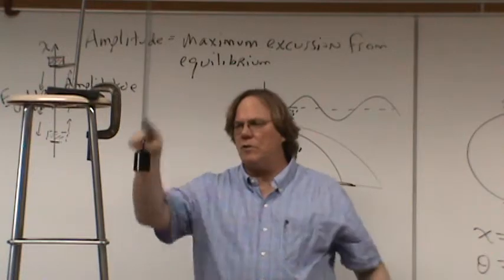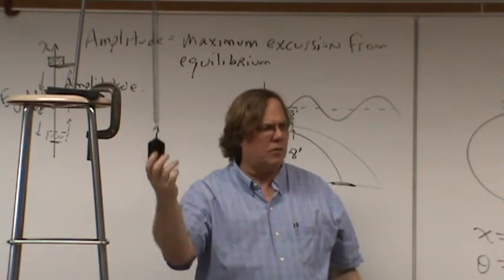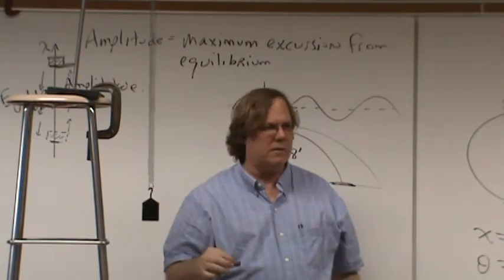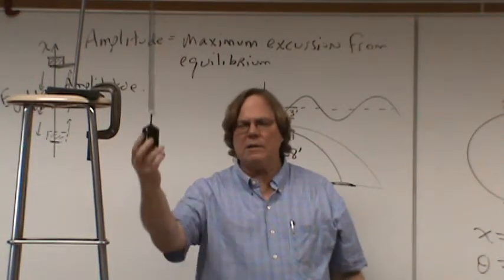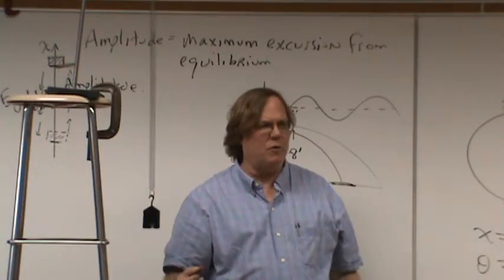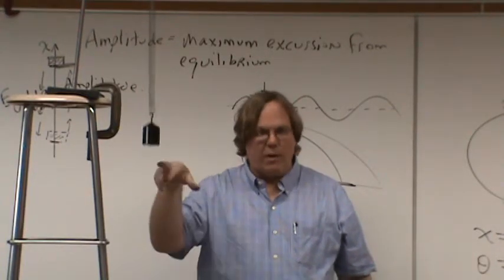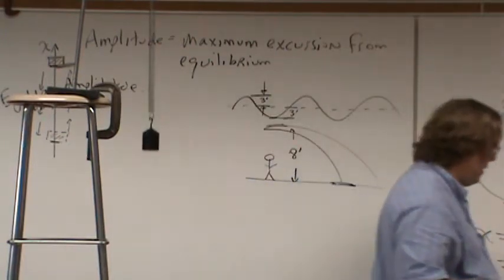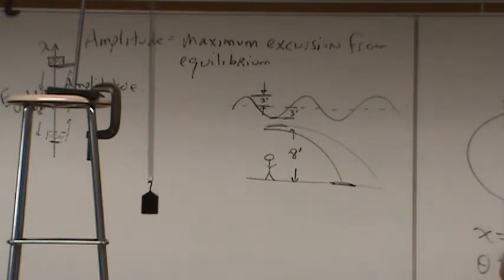So my little circle that's tracking this motion, how many revolutions would that circle make? One revolution, which means how many radians? 2 pi. So you guys okay that one cycle is the same as 2 pi radians? It's the same as 2 pi radians because the little circle that's going along with this would do 2 pi radians of rotation. And so that gets us a relationship between angular frequency and normal frequency.